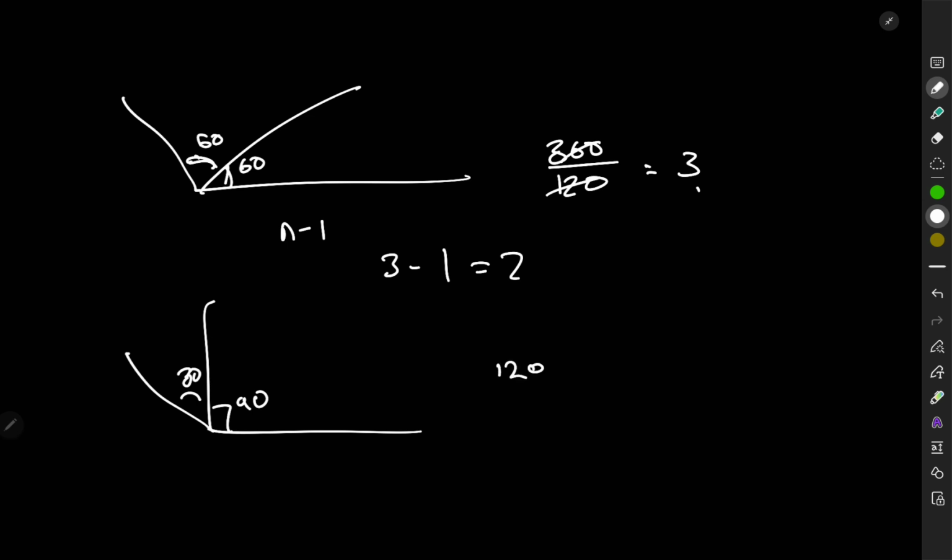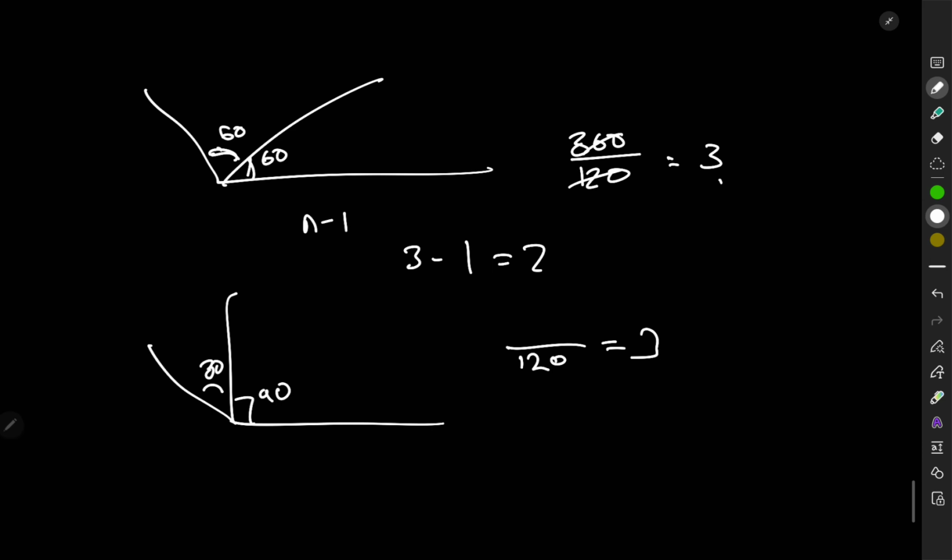So again we'll get 3. Okay, see this is odd, so we took it in the category n minus 1, but this is also odd, 360 by 120, but it's not symmetric, right? So we'll take n images as formed. Fine.